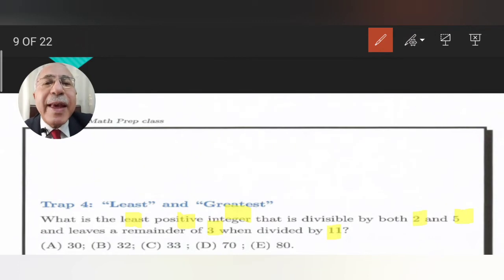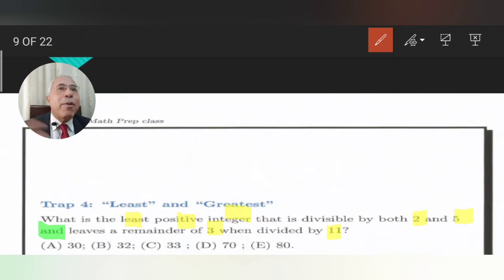What is this? It is "and." And different? Yes, it is different. So there is a big difference between "and" and "or." When he gives me "and," that means both cases must be applied in the answer. But if he gives me "or," that means either divisible by 2 and 5 or leaves 3 when divided by 11.